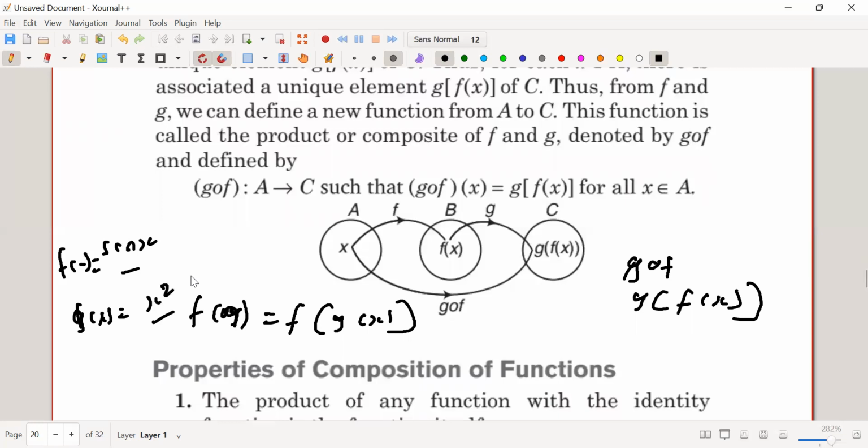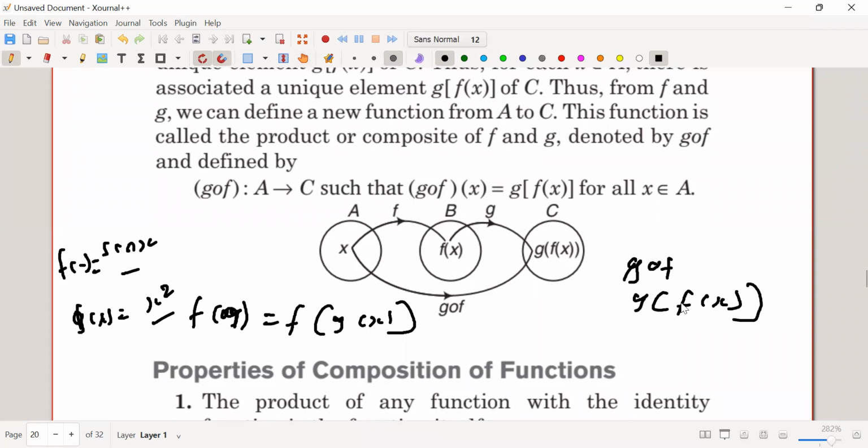Sin square x. All right. Then what would be the answer for g of f of x? Sin x square. All right, only x squared alone I am squaring.